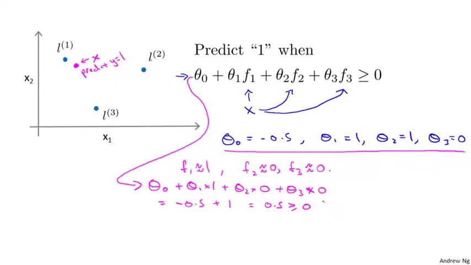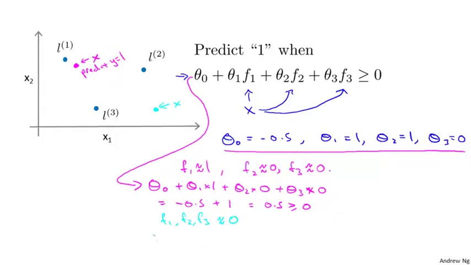Now, let's say I take a different point. I'm going to draw this one in a different color, in cyan. For a point out there, if that were my training example X, then if you make a similar computation, you find that F1, F2, F3 are all going to be close to 0.